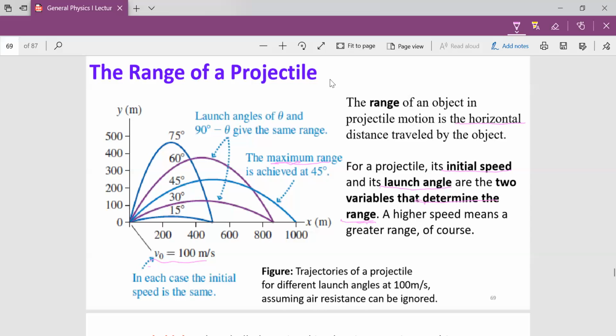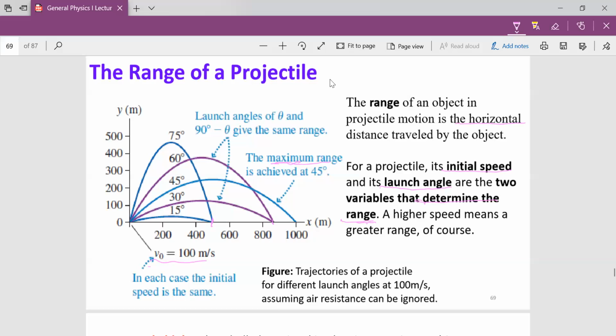Okay, so let's look at when we launch at angle 60. We see that angle 30 and angle 60 landed at the same point. Angle 15 and angle 75 landed at the same point. What is this telling us? That when the angle is too small or too high, the range is going to be small.